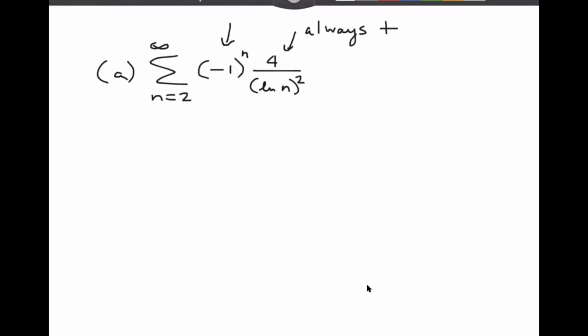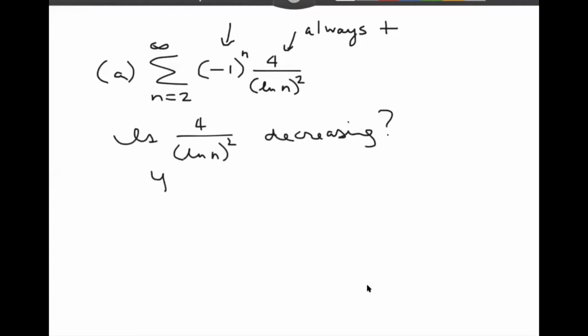So now we just have to ask, is 4 over natural log n squared decreasing? And I think it's pretty clear that it is, because natural log n is increasing. I would be happy with that explanation.